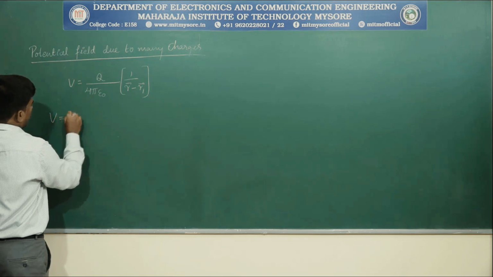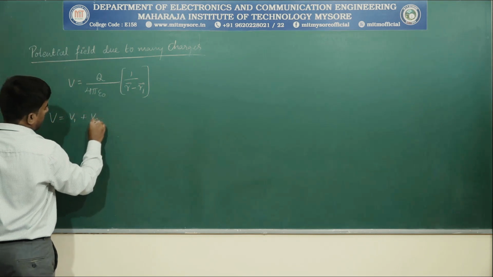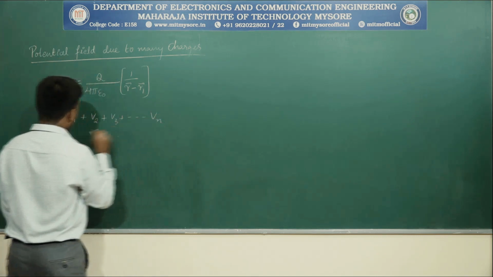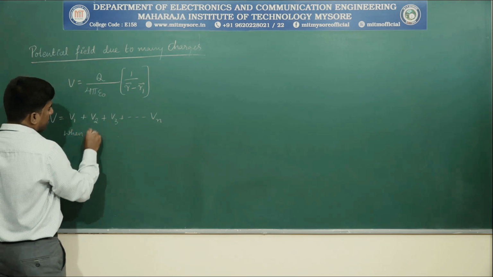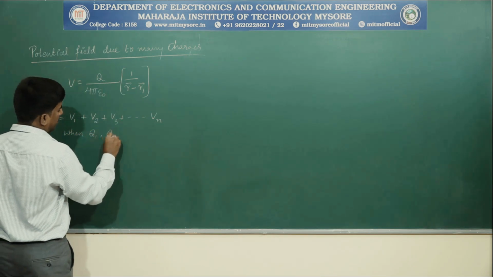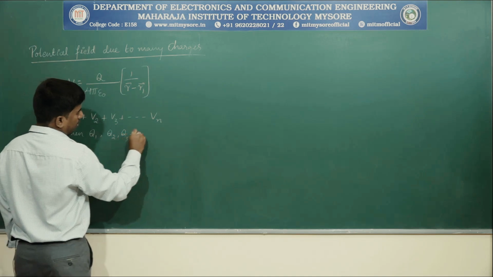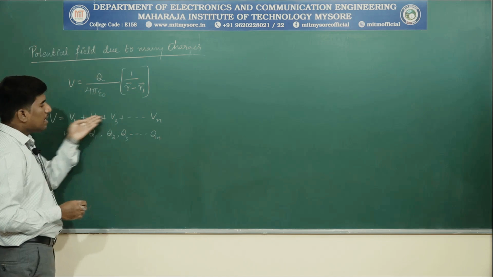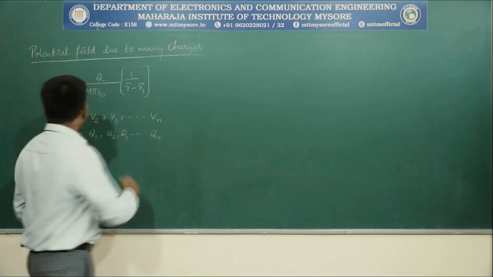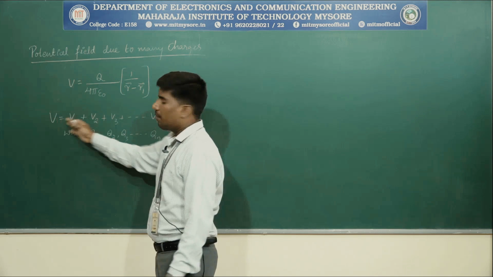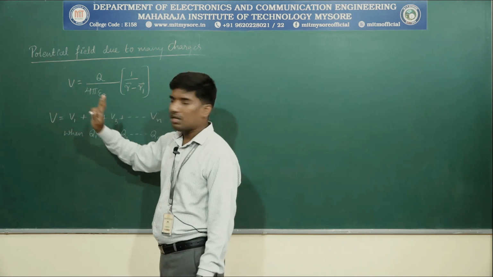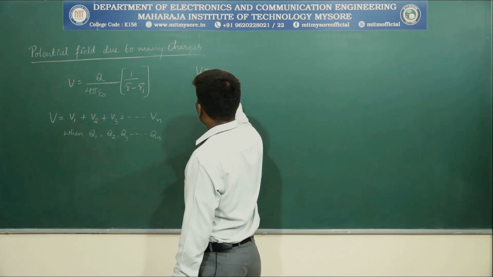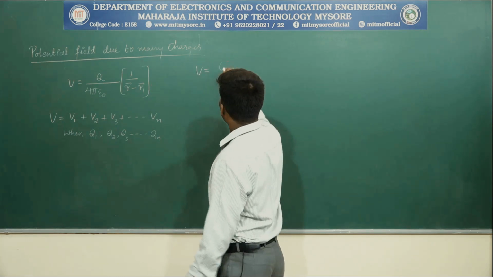Then V is equal to V1 plus V2 plus V3 and so on up to Vn, when n number of charges are present, Q2, Q3 up to Qn. When n number of charges are present, then n number of potentials we are going to get. The total potential is equivalent to the algebraic sum of all these individual potentials. Let me write that equation. Then total potential V is equal to, what is the expression for V1?